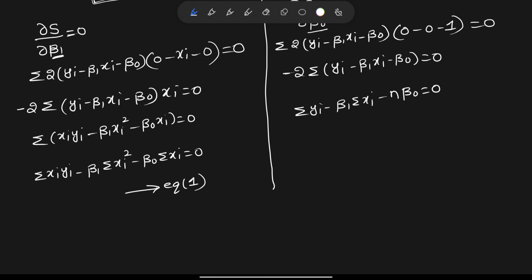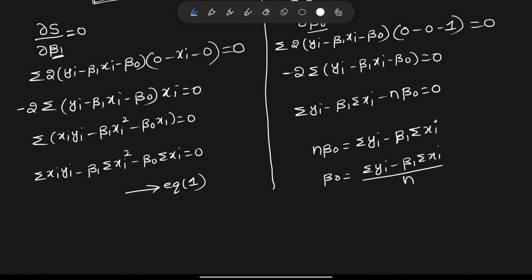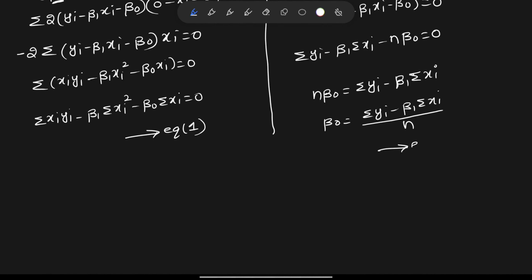Okay, rearranging these terms. Consider this as equation 2.